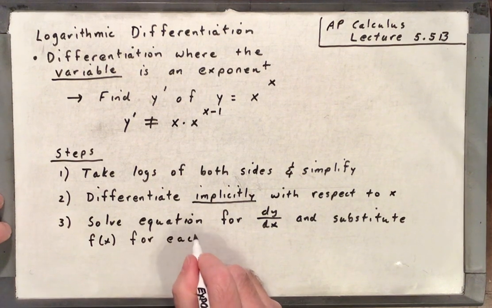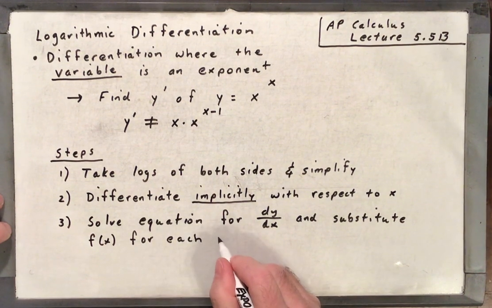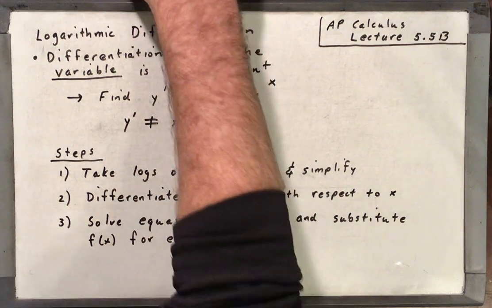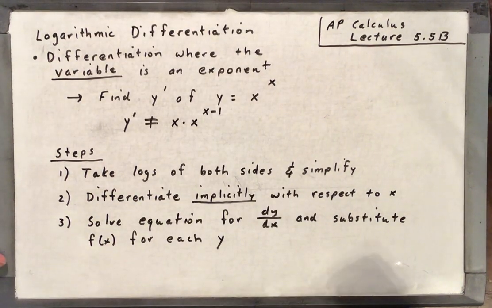Now this last part, step 3, will make sense when I show you how to do it. We don't want to leave any y's in the answer, so we're going to make a substitution at the very end. All right, so if you need to pause, go ahead, and I'll work a bunch of example problems for you.